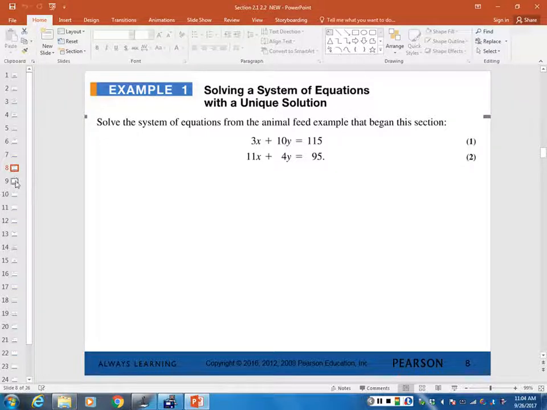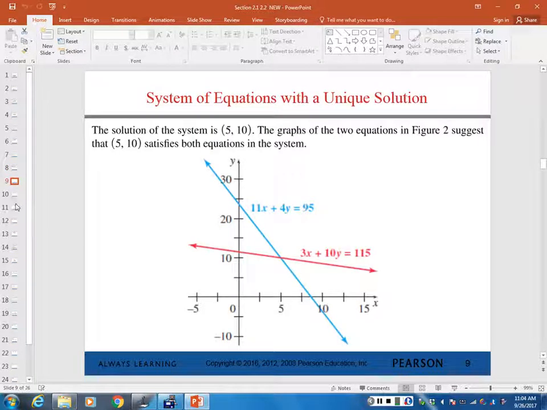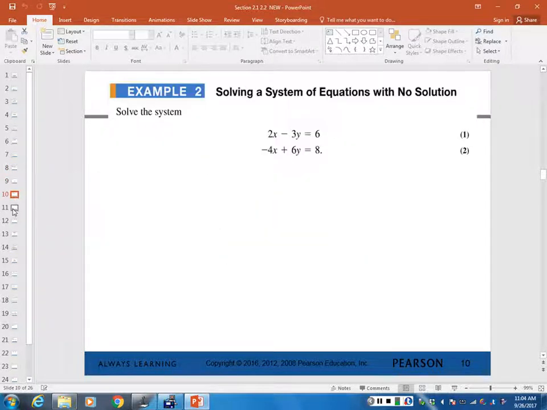So this was the system of equations that we've solved. This is the graph that we looked at. Now we're going to look at an example where we have a system that has maybe not a solution. This one has no solution. So here's what's going to happen.